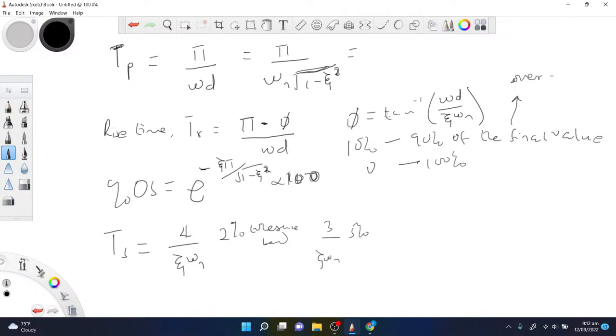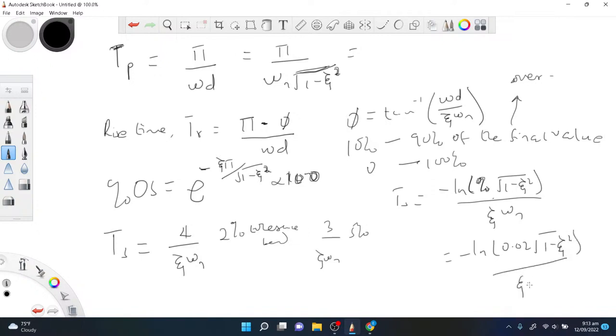If we're given another tolerance band, settling time equals negative ln of the percentage they give you, times square root of 1 minus zeta squared, all over zeta omega n. So for 2%, you just put 0.02 there: negative ln of 0.02 times square root of 1 minus zeta squared over zeta omega n.